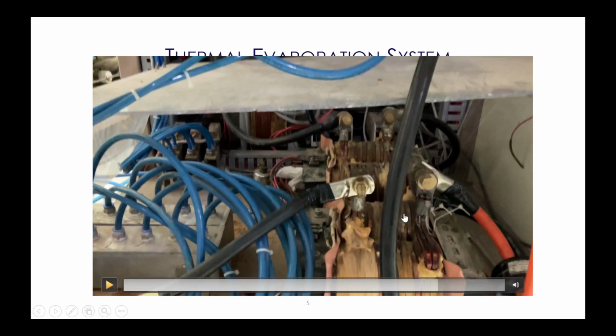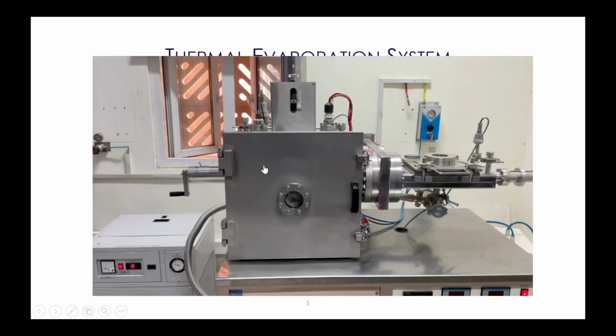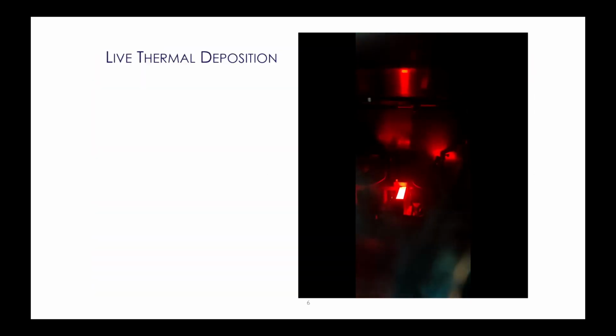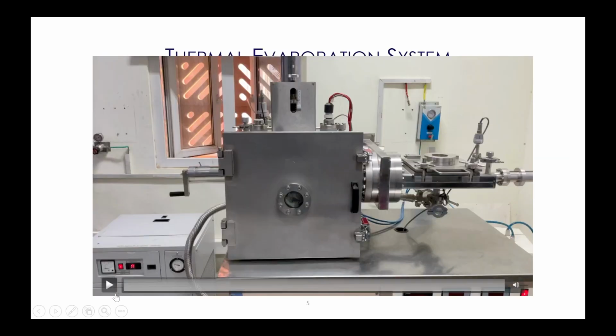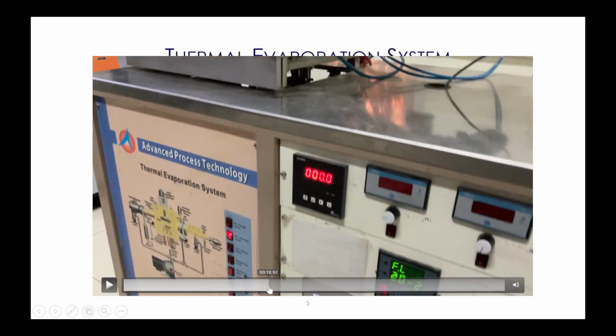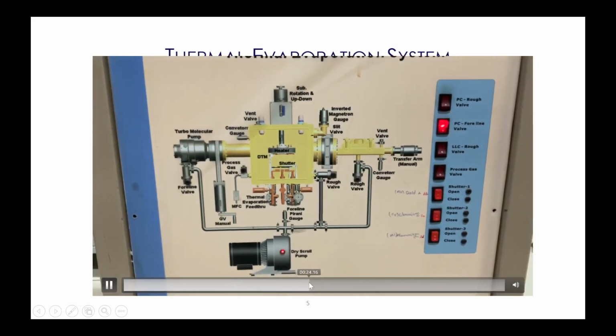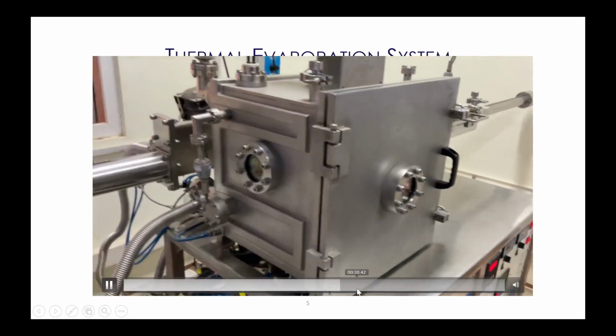Some metals will melt at around 70 amperes of current, some at 140 amperes. So depending upon the melting point of the metals, when evaporation starts, we have to stop there. So the turbo will be on, and all the components will be available here.